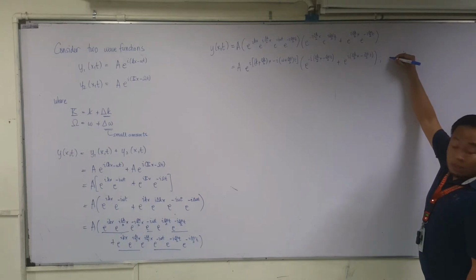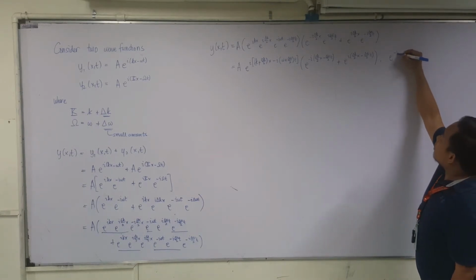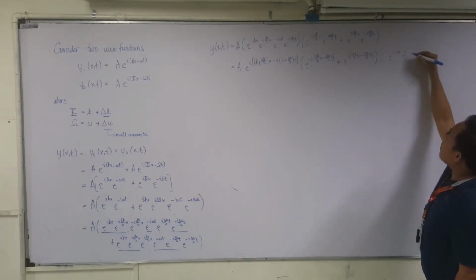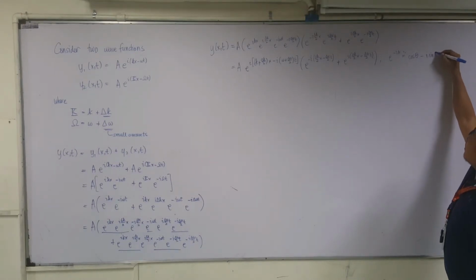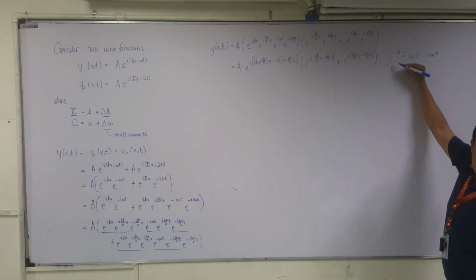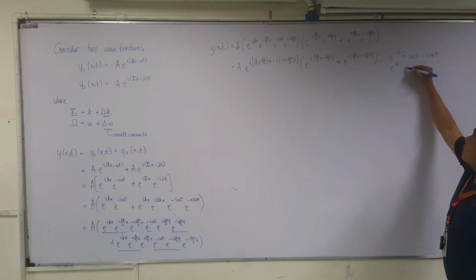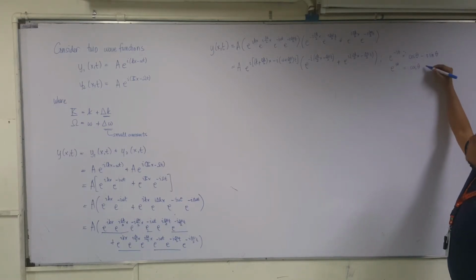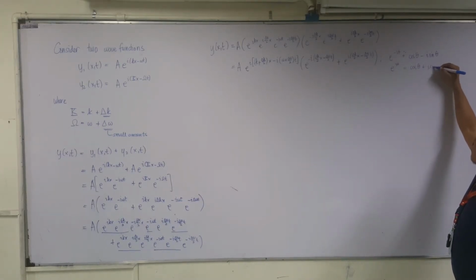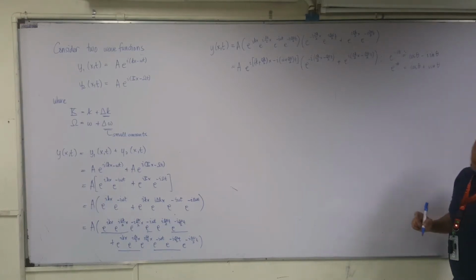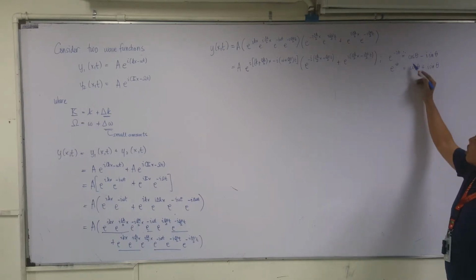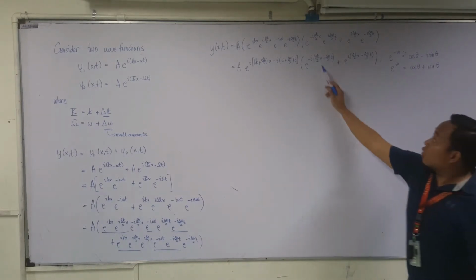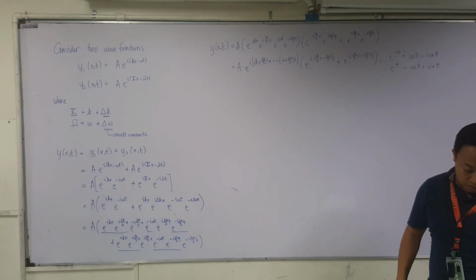We're going to recall e to the negative i theta is equal to cosine theta minus i sine theta, and e to the i theta is cosine theta plus i sine theta. So that means this can now be rewritten as twice the cosine function.